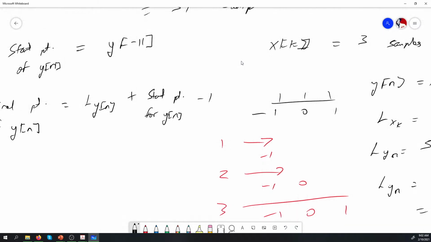So this here is going to be equal to 39 minus 11 minus 1. So that's going to be 29, 28. This here is going to be at 27.